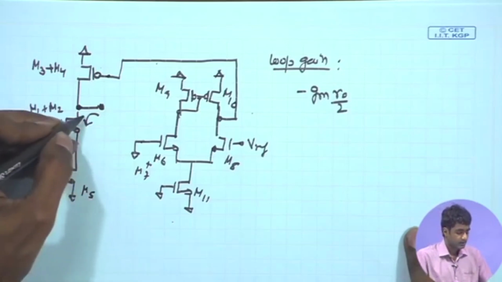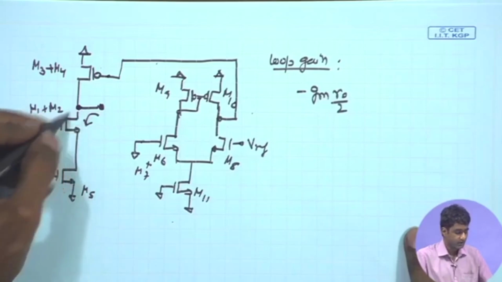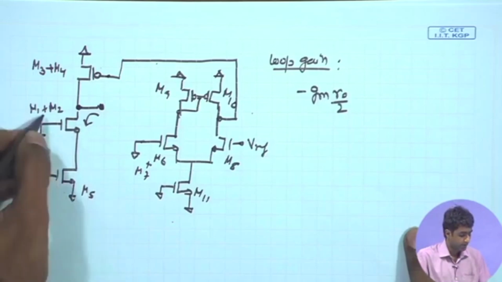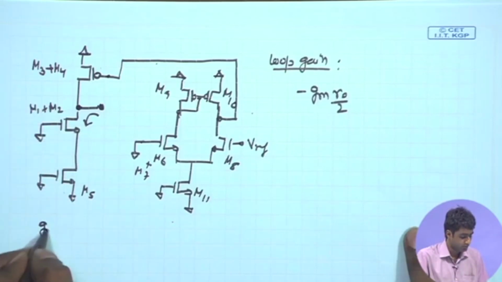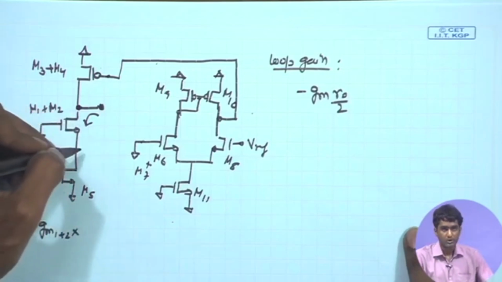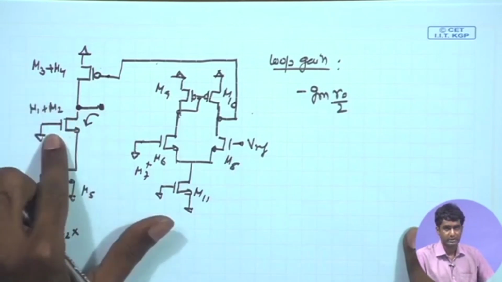So, we know that whenever we have this kind of stacking of transistors, the stacked transistors boost the overall impedance looking into the drain. So, here we have overall gm, we can call it gm1 plus 2 times the overall ro. Now, what is the ro of the combined transistor if we want to be exact?